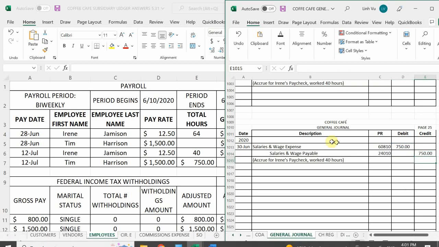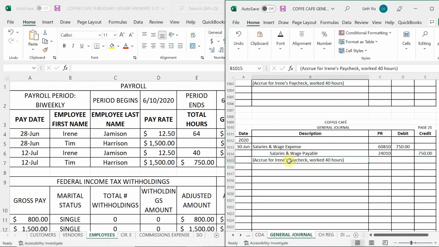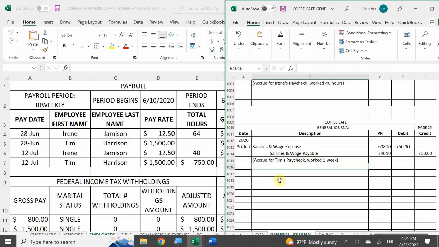And of course you can change this to say accrue for Tim's paycheck, worked one week. Okay.